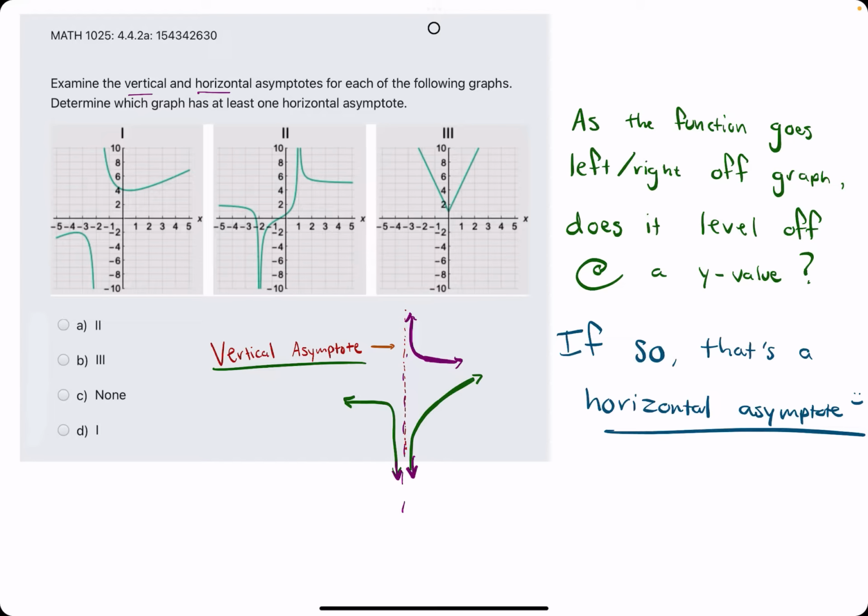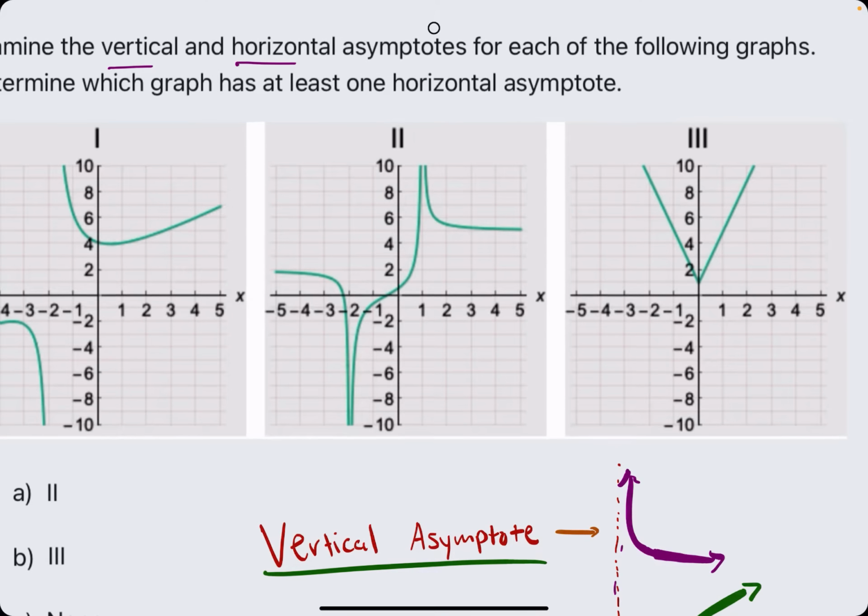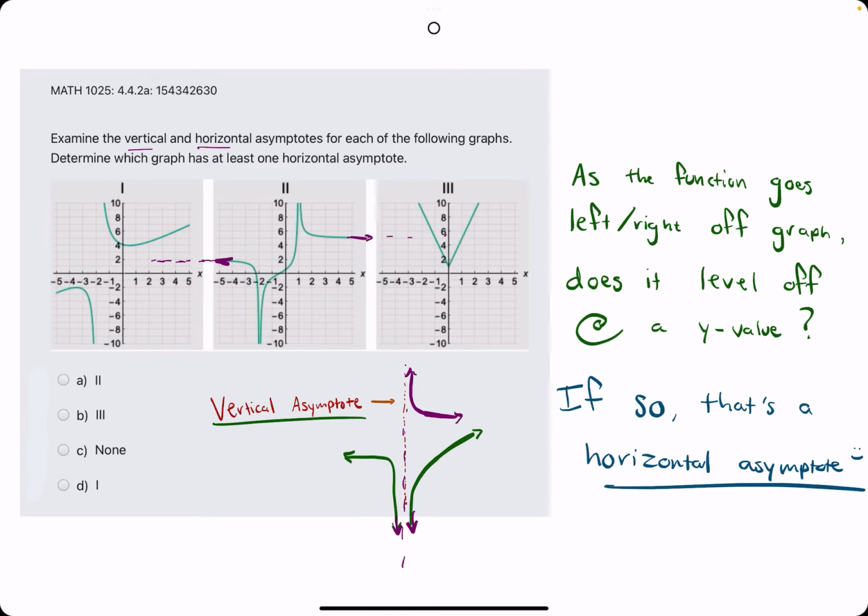That's not true. It can't cross it as it approaches to the left and to the right, but this is a horizontal asymptote for number 2. This is a horizontal asymptote for number 2. And even though it's crossing it, technically it's hitting those y values here and here.